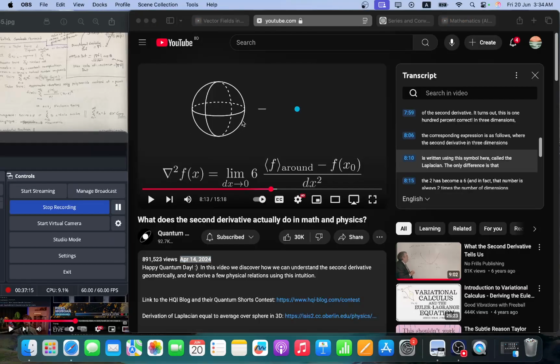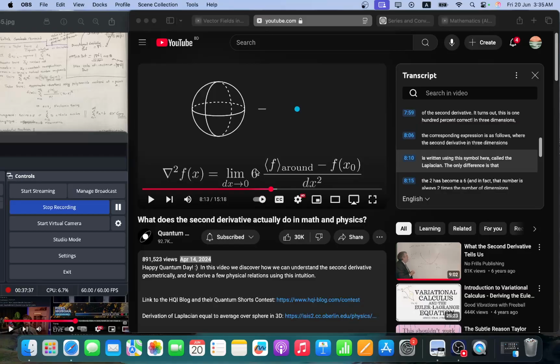And this is the corresponding expression. The second derivative in 3 dimensions is written using the symbol here, which is called the Laplacian. Okay, so this is the Laplacian. And why is there a 6? How would we get 6 in the second derivative?